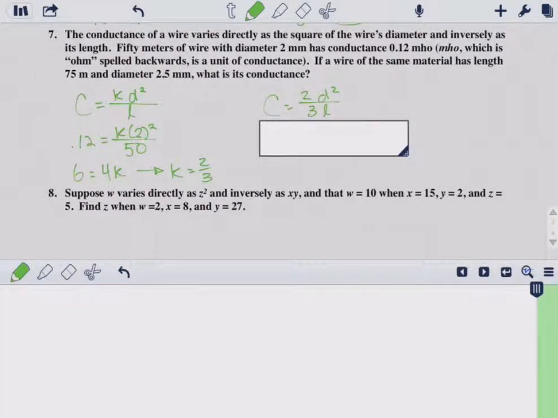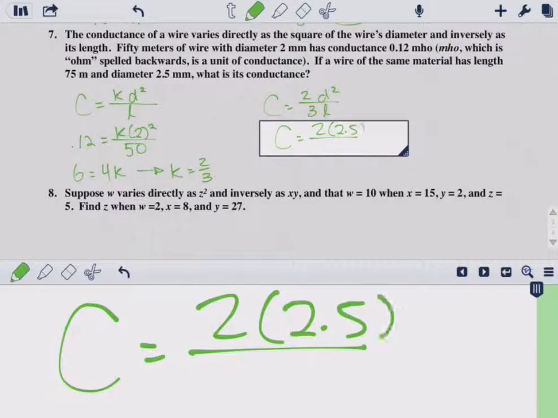If a wire of the same material has a length of 75 meters and a diameter of 2.5 millimeters, what's its conductance? So the diameter is 2.5 squared, and the length is 75 meters.